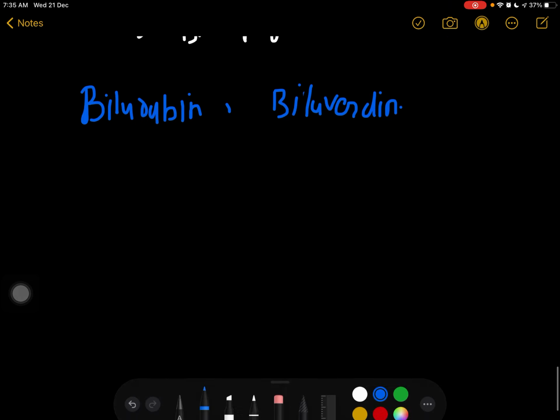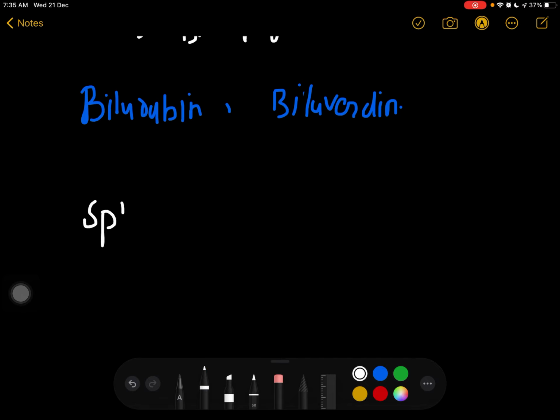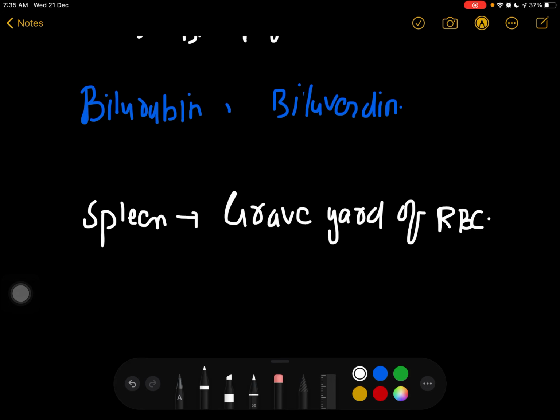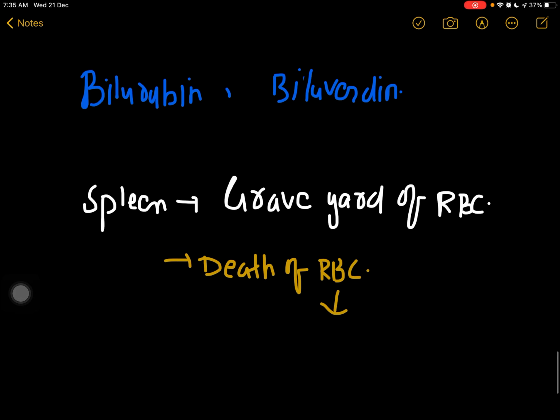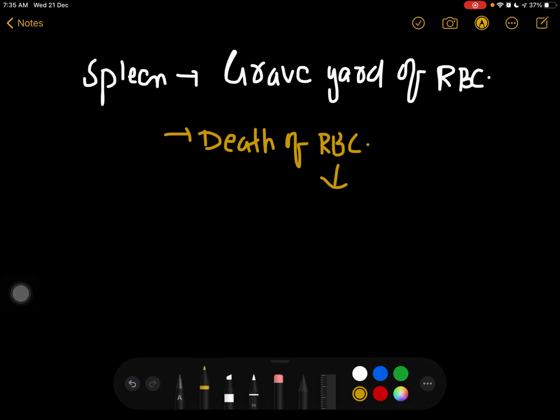We know that the spleen is a graveyard of RBCs. So here the RBC death occurs. As a result of death of RBCs, a pigment known as bilirubin is formed.